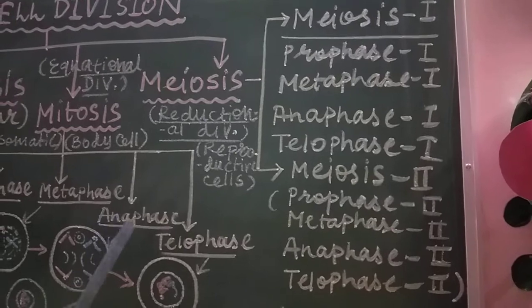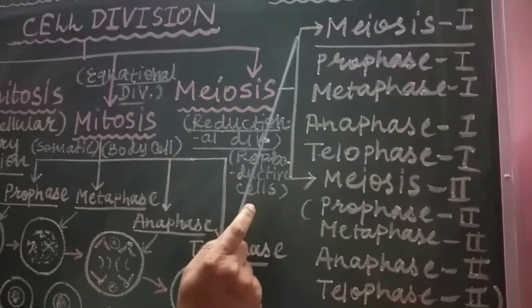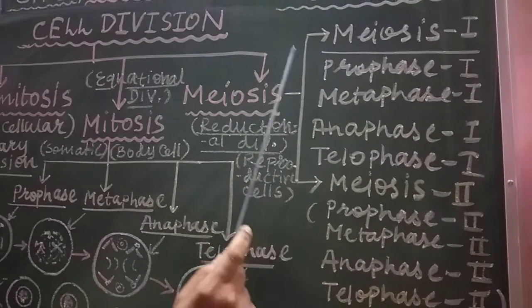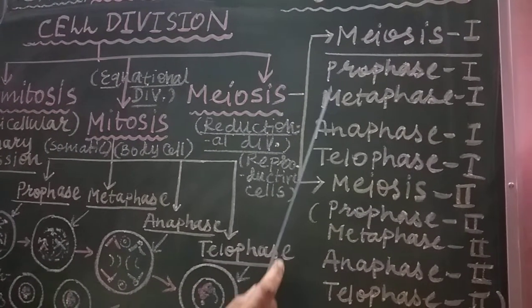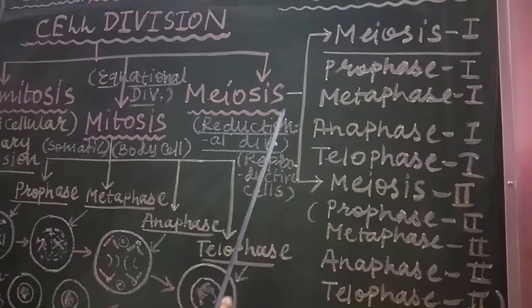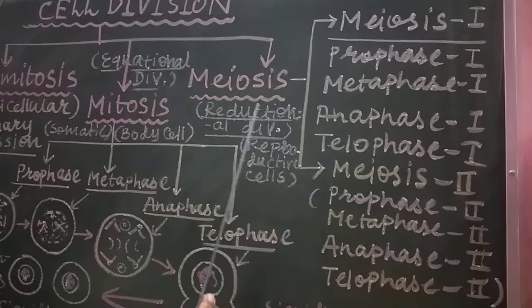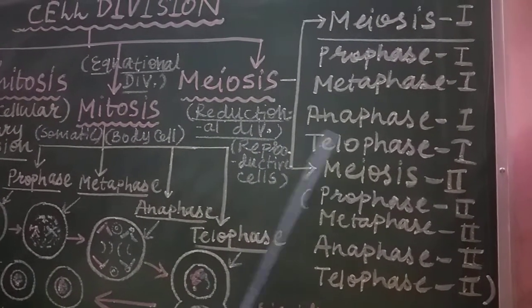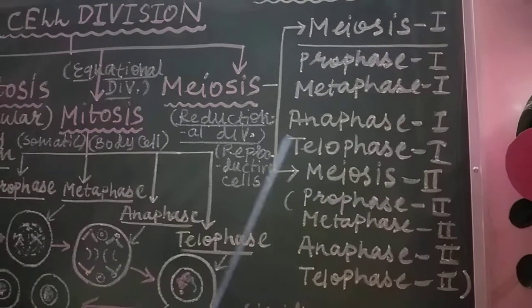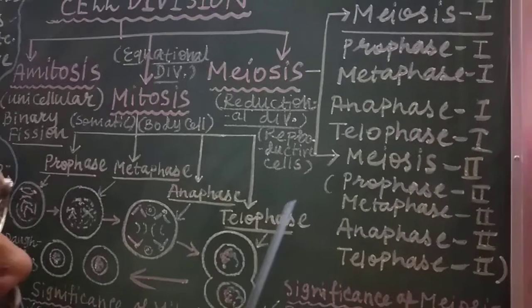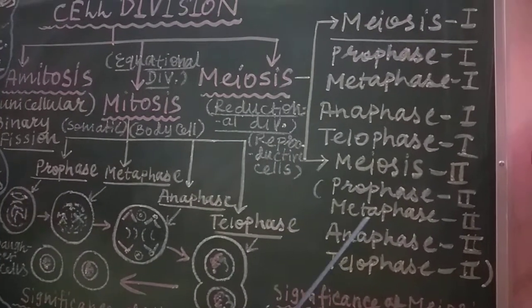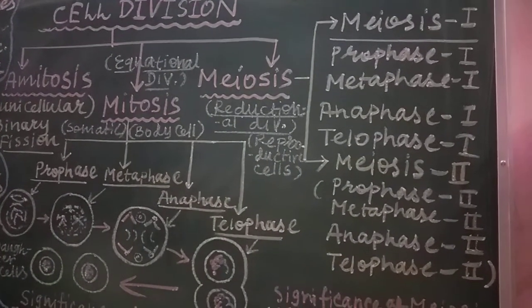The important one is the first meiosis, meiosis 1, where crossing over occurs and different other stages occur, which we will be learning in the higher classes, during which the chromosomal exchange occurs, that is the genetic exchange of chromosomal pairs between each other, due to which variation occurs in different organisms.